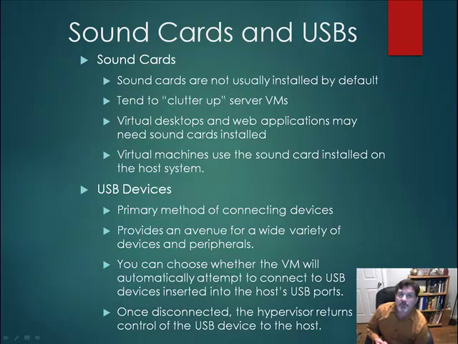You can choose whether the virtual machine is going to automatically attempt to connect to that USB device that you've inserted, or you can turn that feature off. We'll try to show you that in the demo today. Once I've disconnected that USB device, then the hypervisor is going to return control of the USB device back to the host.